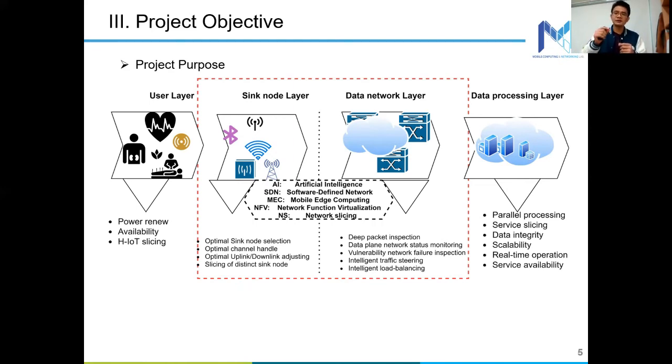We try to prevent the failure of the network, and perform intelligent traffic steering based on the different slices and different aspects according to the status of the data plane network gateway. All of this can be done by using artificial intelligence, software-defined networking, mobile edge computing, network function virtualization, and network slicing technology. These technologies will be converged in this project.